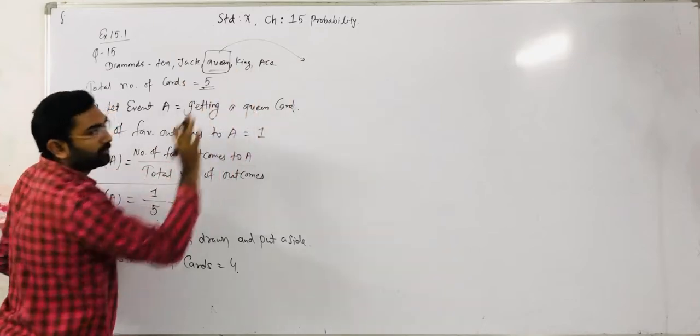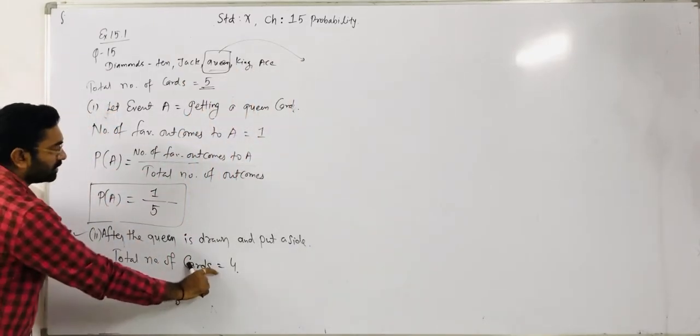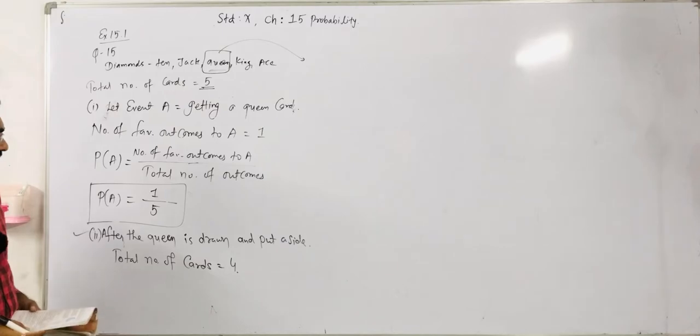Out of 5, one card you have put aside. So you can say the total number of cards now remaining is 4.